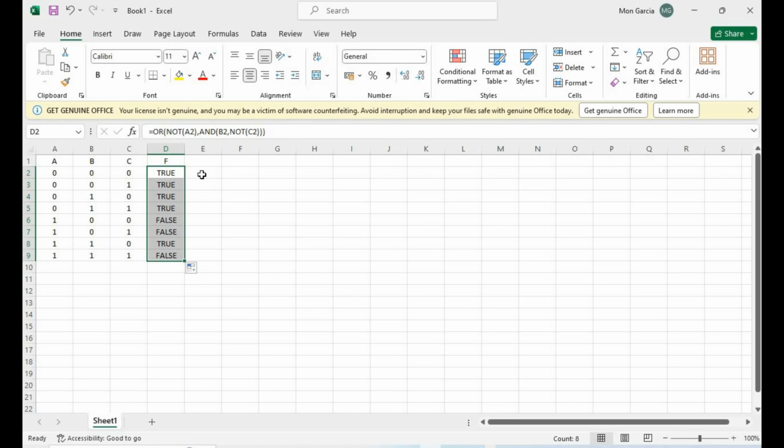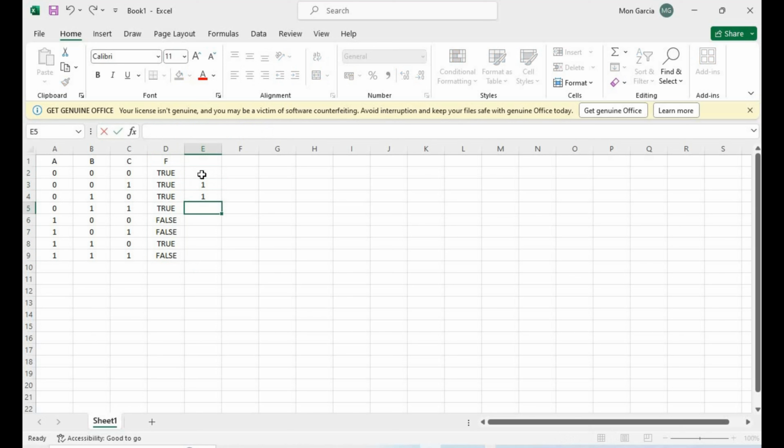If the answer is false, that is 0. Thus, we end up with 1, 1, 1, 1, 0, 0, 1, 0. So that would have a value of 0, 1, 2, 3, and 6.